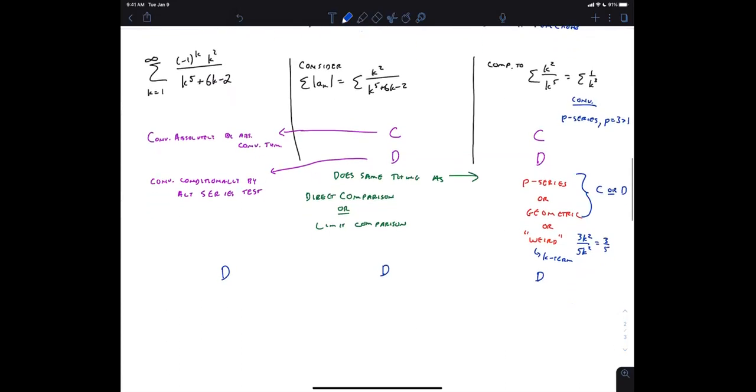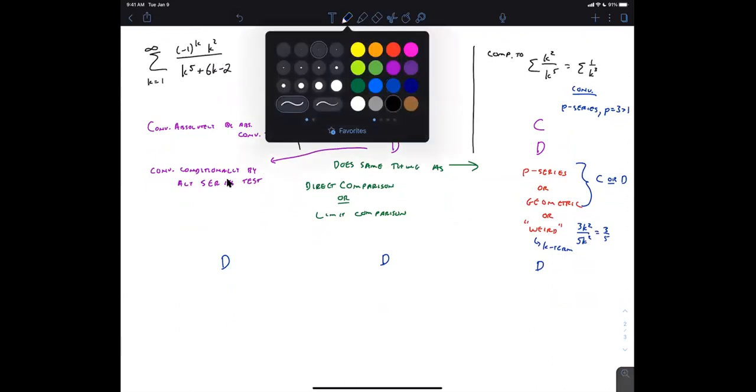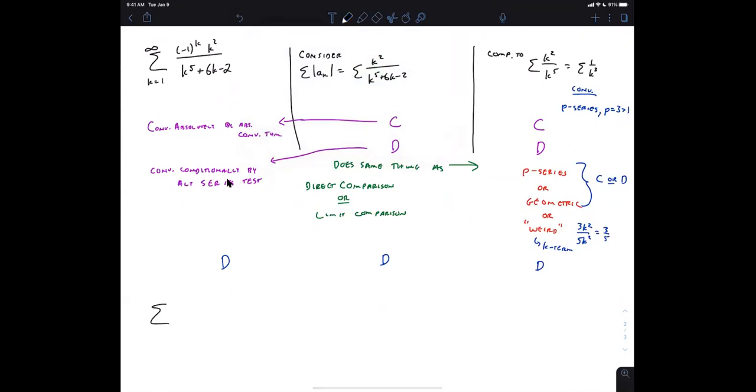Okay, so I tell you what, so the question is, can we do one where we're actually going to do the alternating series test? Yes, but I'm going to put several series on the screen, and I want you guys to tell me which one would be this pattern where it diverges, but then converges conditionally. And so let's say we've got this series, the sum k equals 2 to infinity, (-1)^k times k over the square root of k to the fifth plus 7.